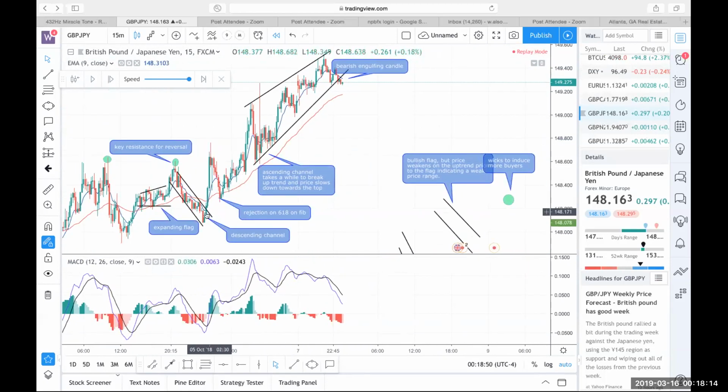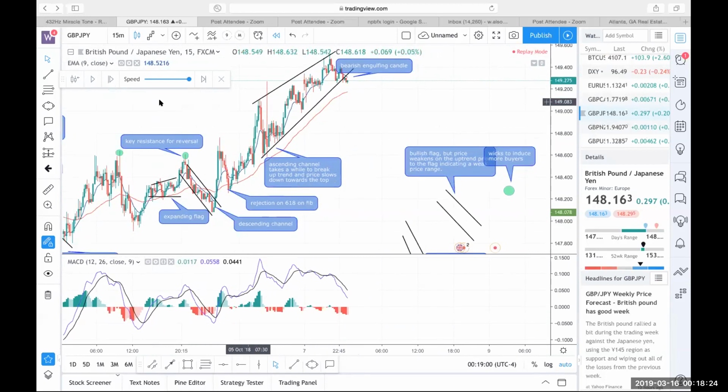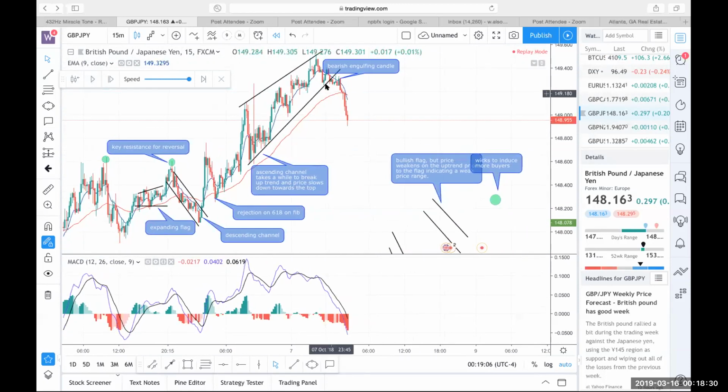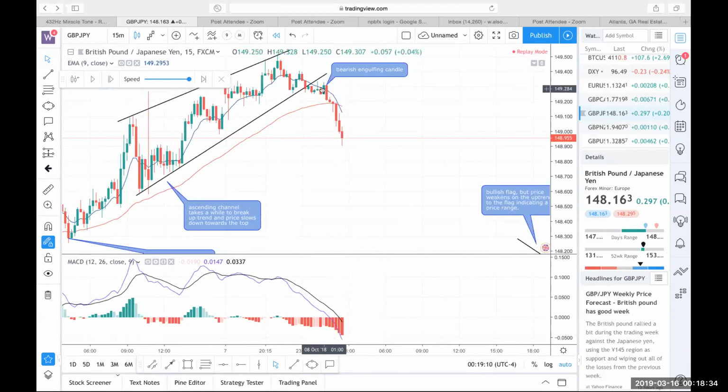So you see the impulsive moves, the big moves. As they get closer to the top of this ascending channel, price slows down. And like someone mentioned earlier, as a good confirmation, a bearish engulfing candle, which is a candle that engulfs a previous candle. So it's a candle that is larger than the previous candle.